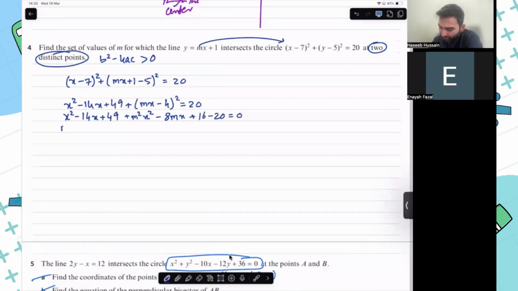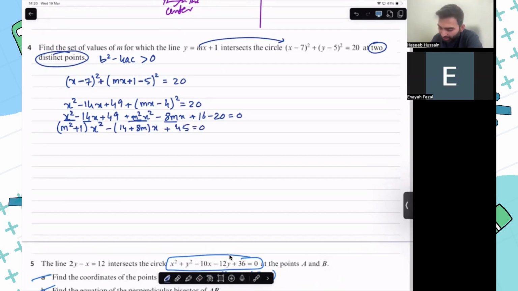So that's (m square plus 1) x square minus 14x minus 8mx, that is minus (14 plus 8m) x, plus 49 plus 16 minus 20, which is 45, equal to 0.